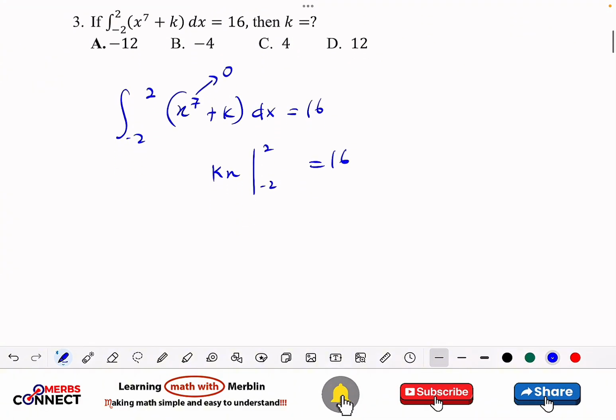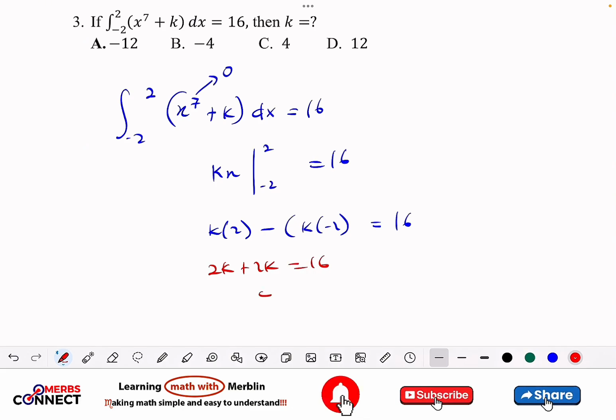And this is going to give me k of 2 minus k of minus 2, which is equal to 16. And this is going to give me 2k plus 2k is equal to 16. 4k is equal to 16, and k is equal to 4 when I divide through by 4. You say like, how?